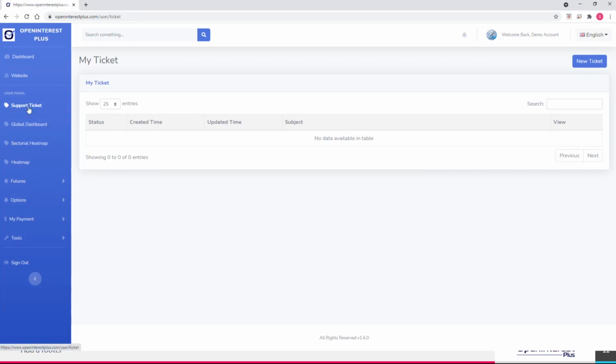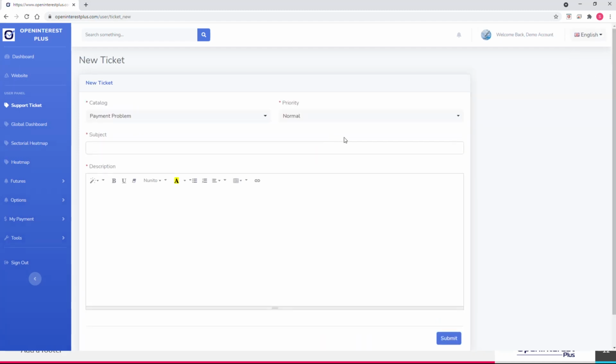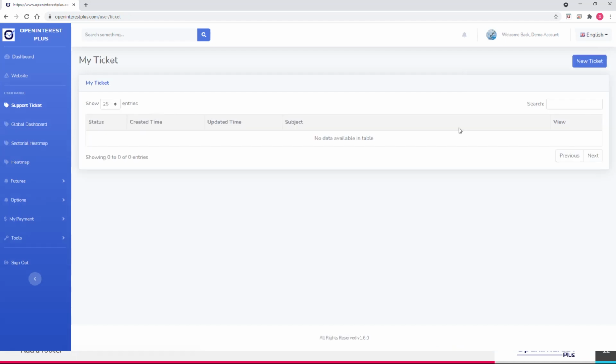So when you click on the ticketing system, you will have an option to create a new ticket. So if you have any challenges, be it payment related, technical related, sales, subscription, or any other problem, you can choose here, type in a subject, and describe your issue or the problem you're facing, and click on the submit button. Once you have submitted, I will receive that notification.